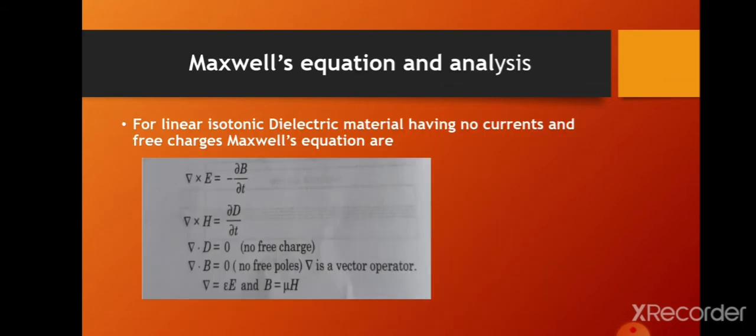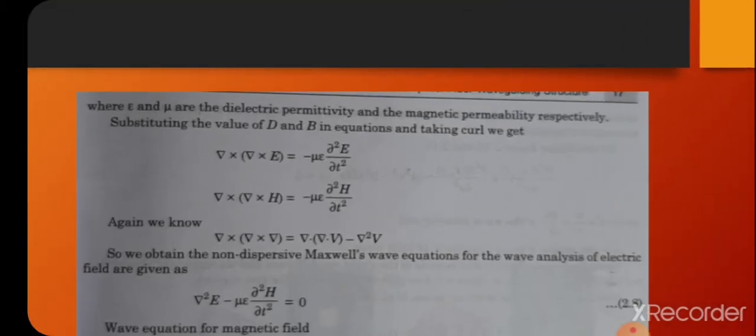So in the first equation, del cross E is equal to minus dou B by dou T, and instead of B we are substituting mu H, and in the second equation, del cross H is equal to dou D divided by dou T, instead of D we are substituting epsilon E. So when we substitute, we will get del cross E and del cross H in terms of epsilon and E.